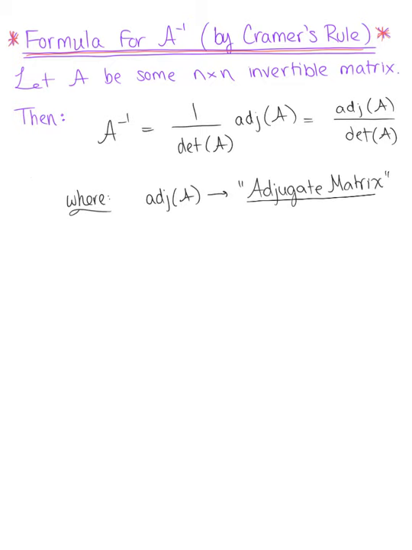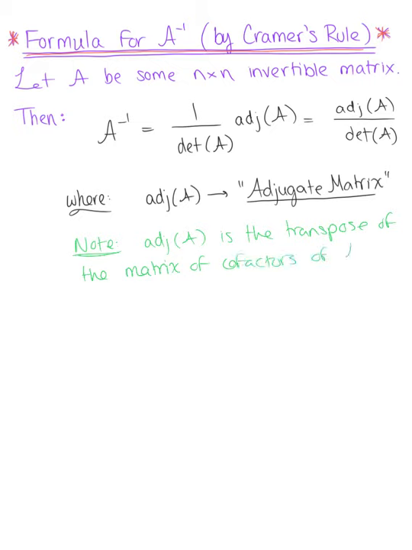The adjugate matrix is the transpose of the matrix of cofactors of A. So we can say the adjugate of A is the transpose of the matrix of cofactors of matrix A. So this formula by Cramer's rule can be used to find the inverse of A.